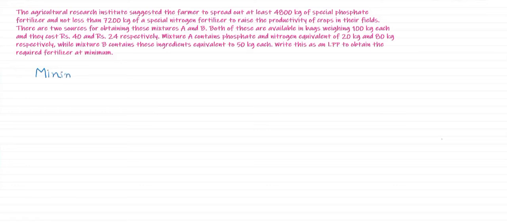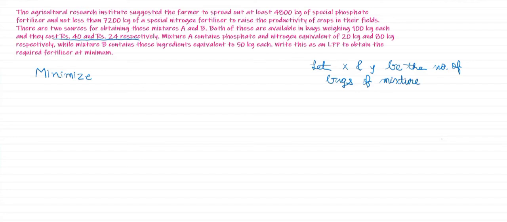So our objective function will be minimize Z is equal to, and here the cost has been given to us, which is 40 rupees and 24 rupees. Firstly, we'll suppose that x and y be the number of bags of mixture A and mixture B. Then as we have to minimize this, our goal is to minimize the cost.